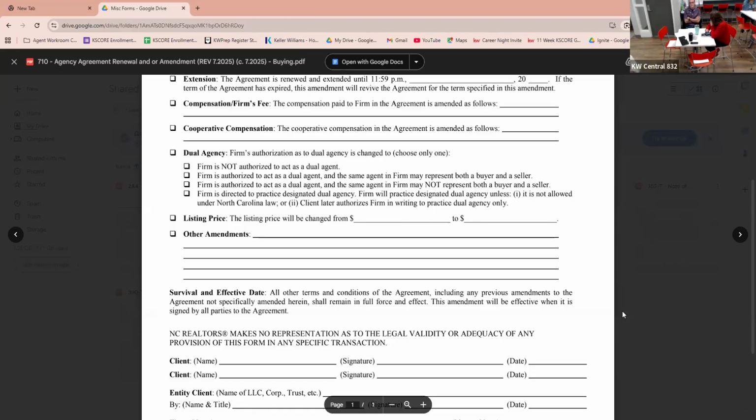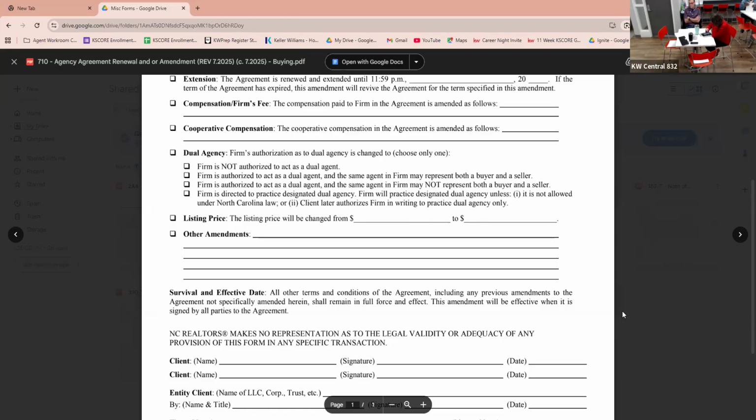So this is where I had to return the file and say, use Form 710 to modify. Now they did it right on the offer to purchase. On page 13 of the offer to purchase, they checked dual for the firm and designated dual as the agent, but then I have to go back and look at both their listing agreement and buyer agency agreement to see what they checked there and make sure that the forms match.